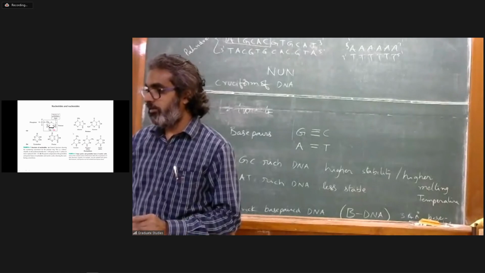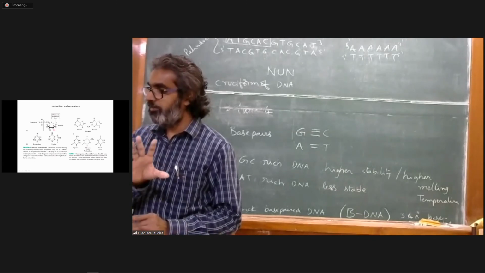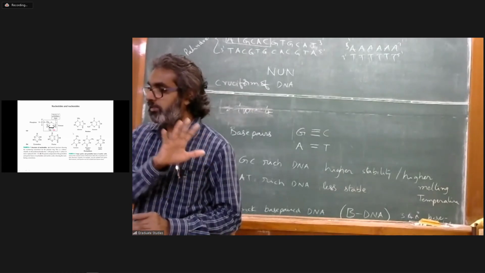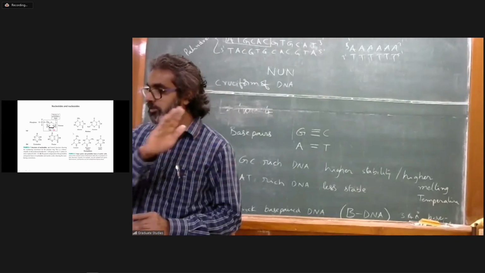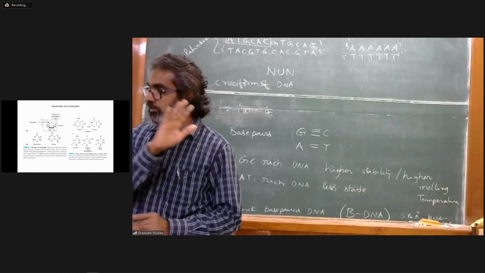Yes, because every cell has to synthesize its own messenger. So you're absolutely right. The DNA is the same, but for the genes that are expressed, gene 1 has messenger RNA 1, gene 2 has messenger RNA 2. So for the genes expressed, the corresponding messenger RNAs are there.